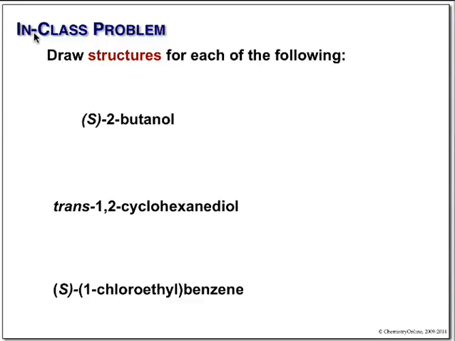So, we have this 1, 2, 3, 4, so there's our butane. In carbon number 2, we have the hydroxyl group, so it's a 2-butanol. Now, let's check it to make sure that this is in fact S stereochemistry. Our priorities: hydroxyl group is going to be number 1, the ethyl will be number 2, and the methyl will be 3.